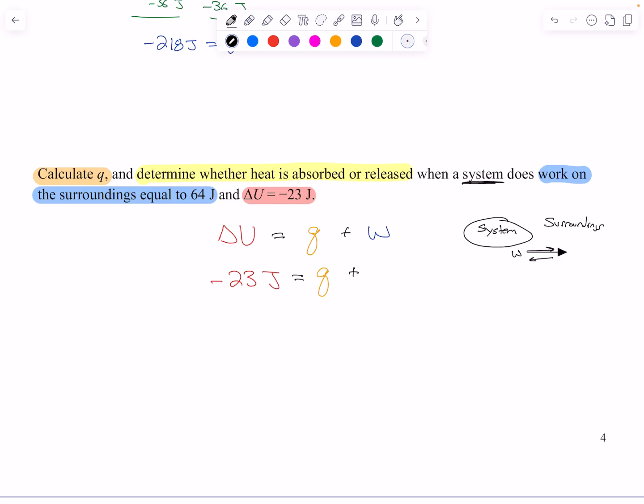So work is coming out of the system into the surroundings. So W is going to be negative 64 joules. So if we do that, Q would equal 41 joules of energy. So that means that heat is absorbed by the system.